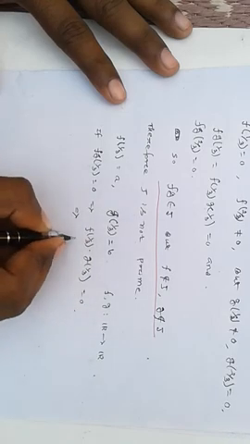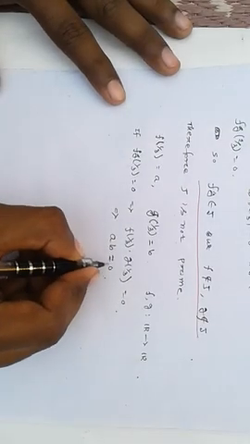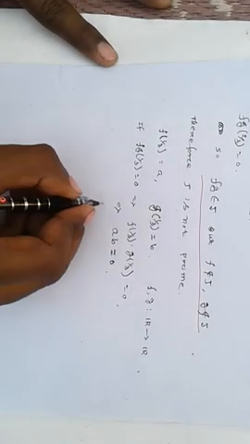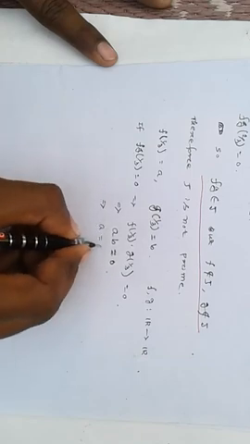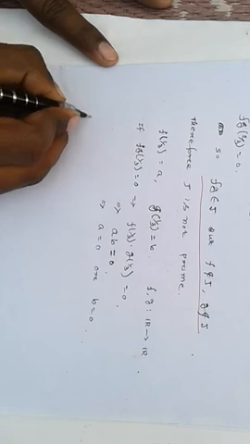Since these are two real numbers whose product is 0, and the real numbers form a field, which does not contain any divisor of 0, this implies either a equals 0 or b equals 0.